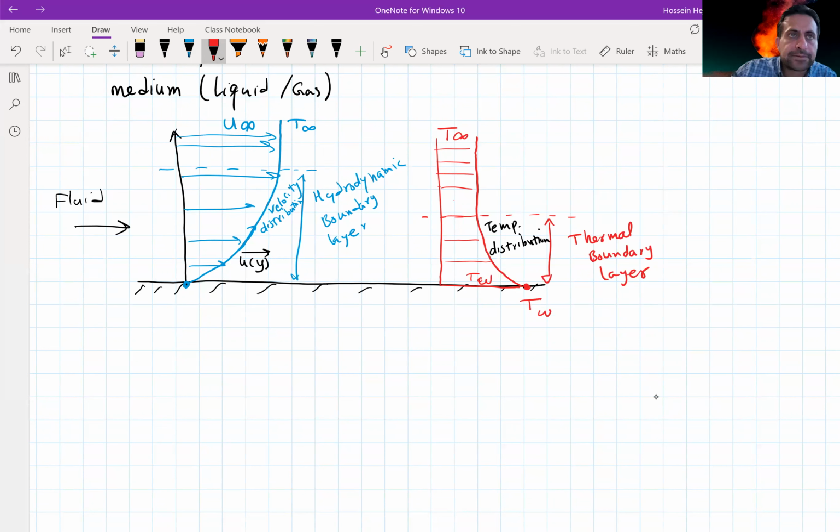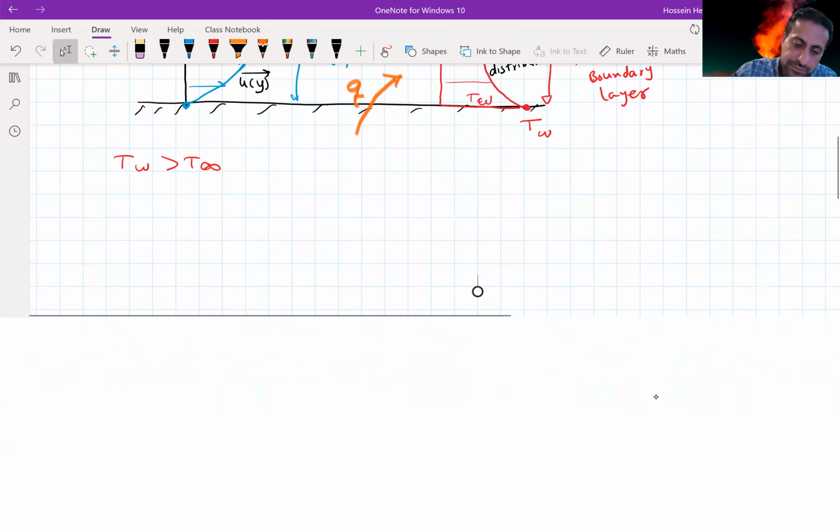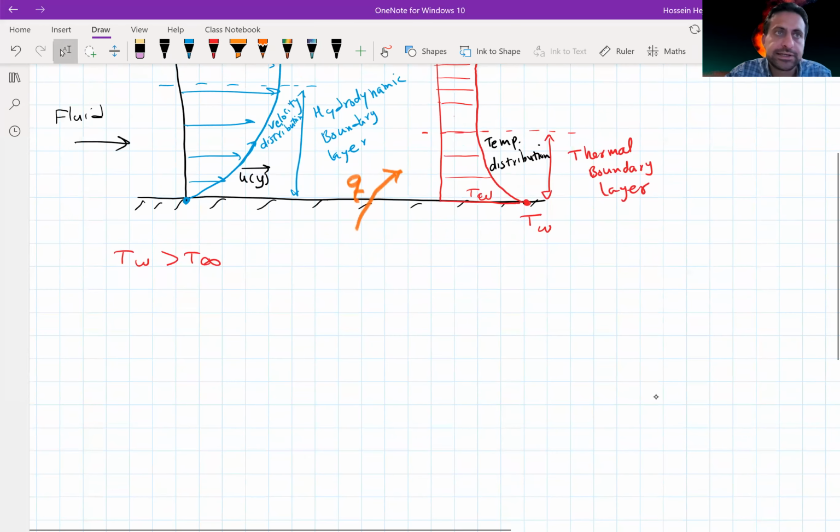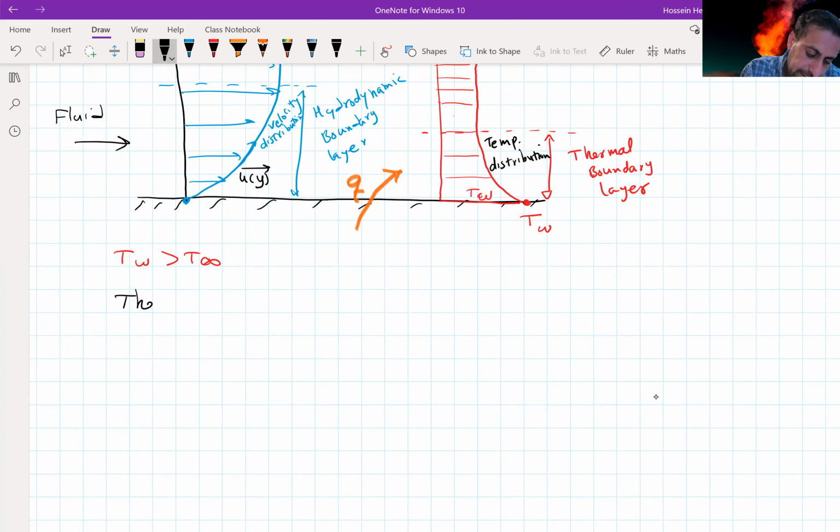Now, since TW is greater than T infinity, we expect to have transfer of heat from the solid surface to this moving stream, or this flow stream that happens here. Now, how do we show the amount of heat, the rate of heat transfer?